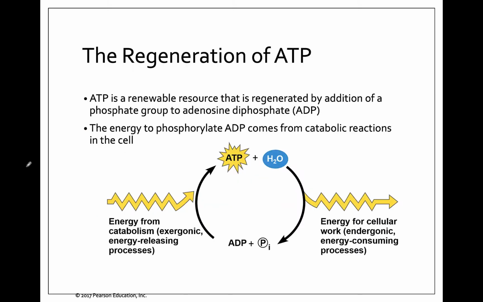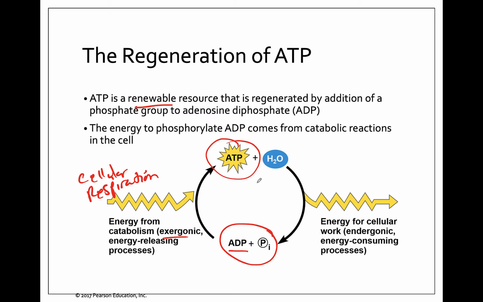The great thing about ATP is that ATP is a renewable resource. So it is regenerating. We can regenerate it in our body. All we have to do to regenerate it is take ADP and a phosphate, put some energy in from an exergonic resource like cellular respiration, and we can use that to build new ATP molecules.